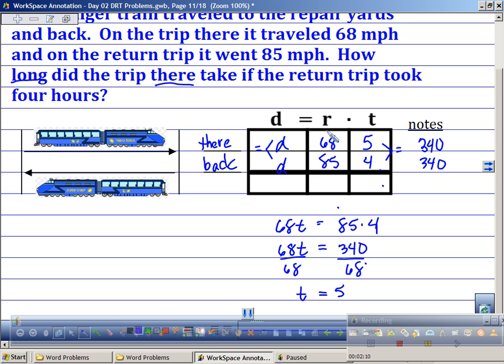Yeah. No matter what the answer is, this has to equal this because rate times time equals distance. If you go at a faster rate for a shorter period of time, you could have the same distance as going at a slower rate for a longer time. You're still going the same distance.